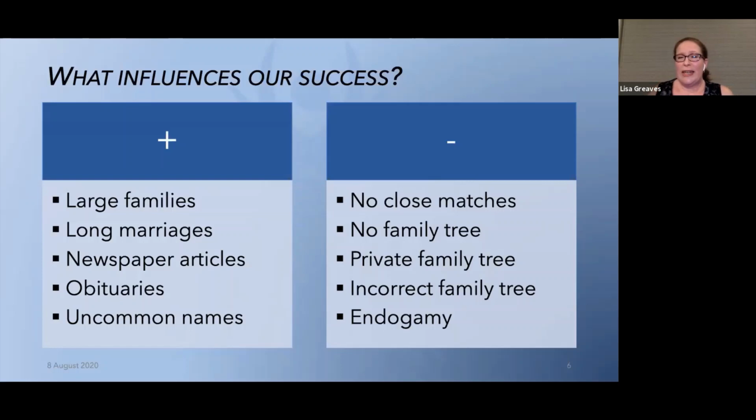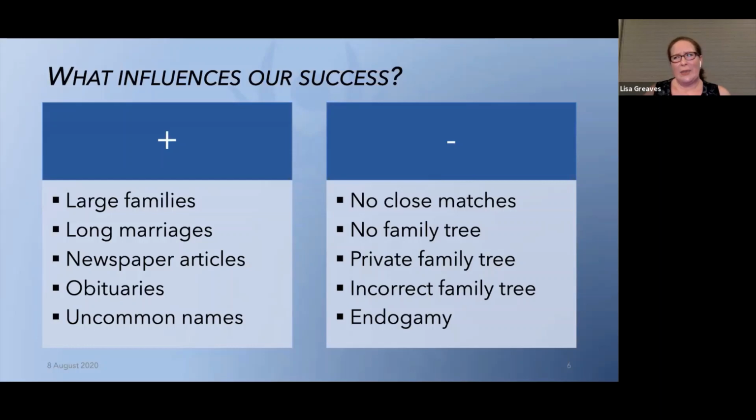And when you're looking at your DNA matches, what you want to be visualizing is a first cousin will tell you who your grandparents are. A second cousin will tell you who your great-grandparents are. A third cousin will tell you who your great-great-grandparents are. That will be the shared ancestor.